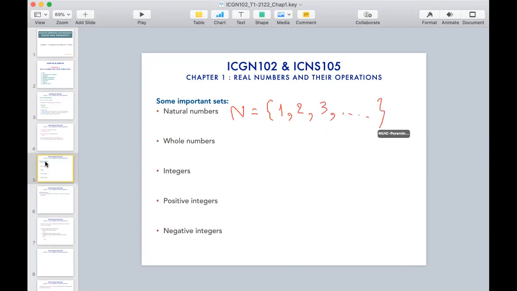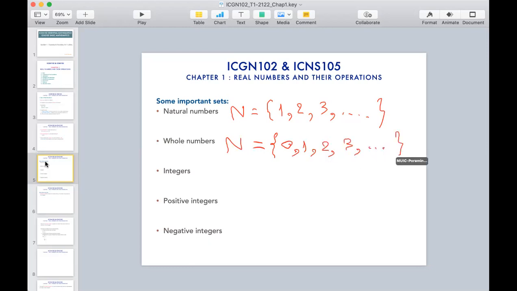This is natural numbers. Next, the whole numbers. The whole numbers are similar to natural numbers, but we also have the number 0 in there as well.